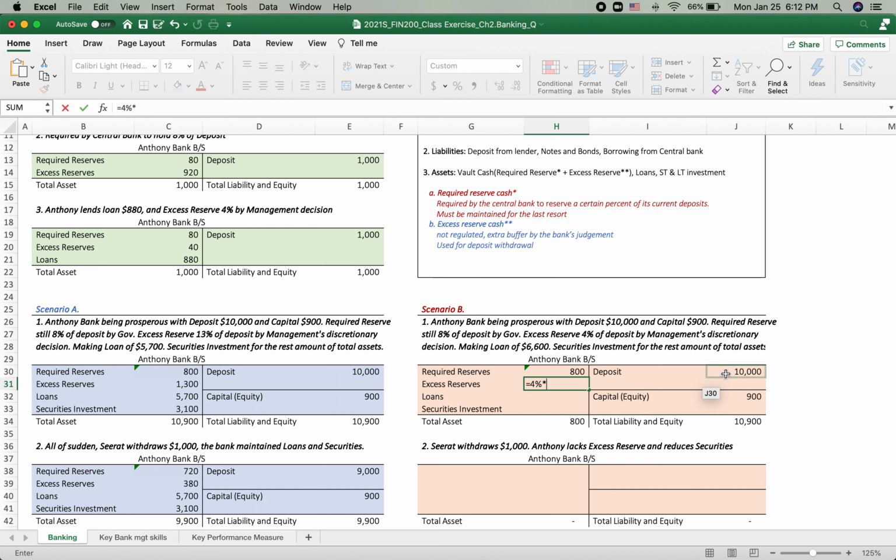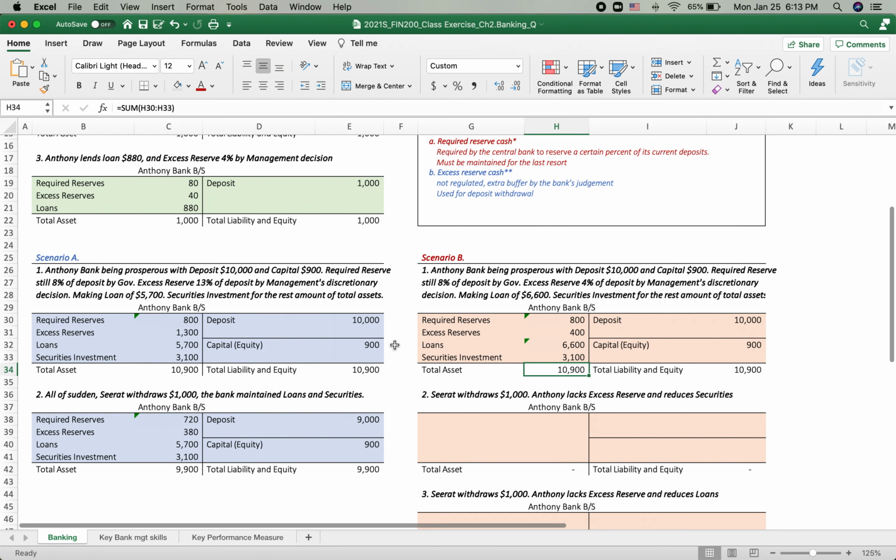So 4% of $10,000 is 400, and then the loan amount is 6,600, and then securities investment we can just plug in by subtracting all the assets from the total asset and liability equity. So 3,100. Oh, this is the same amount of securities investment as in scenario A.